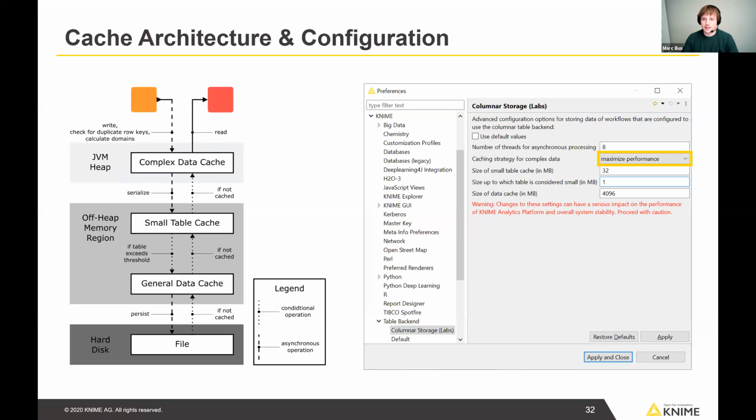So when your data is only in this cache and nobody else uses it anymore, then the garbage collector will just collect it as if it were unreferenced.